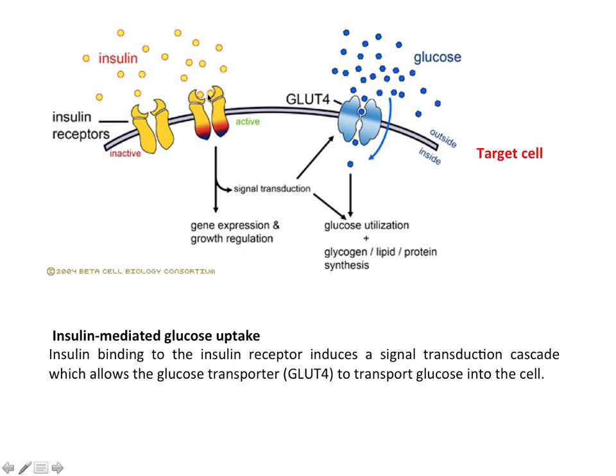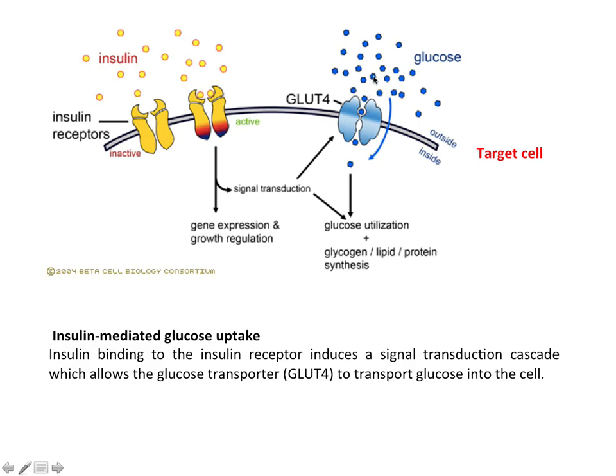Once the insulin molecule is attached to the receptor, it is activated. Once it is activated, it gives various signal transduction, and it can activate the GLUT4 transporter. This GLUT4 transporter is important for the entry of glucose in the liver cell or target cell.